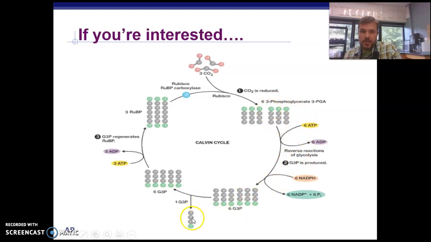And then we siphon off one of the G3Ps and 5 of them go in and get reshuffled again. And when we get rid of that one G3P, we're back to 15 carbons total. Here we have those 15 carbons total. So you can take a second to look at this. You can pause the video, try and make it make sense for yourself. We can also talk about it in class.